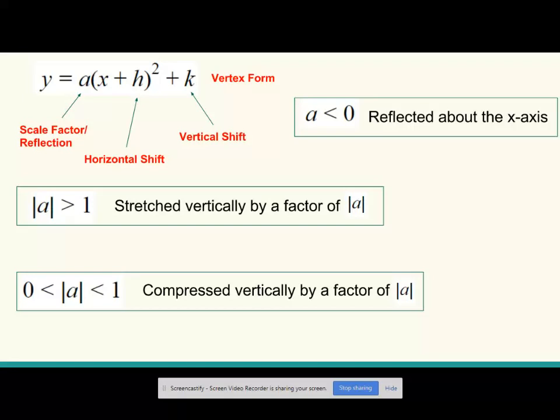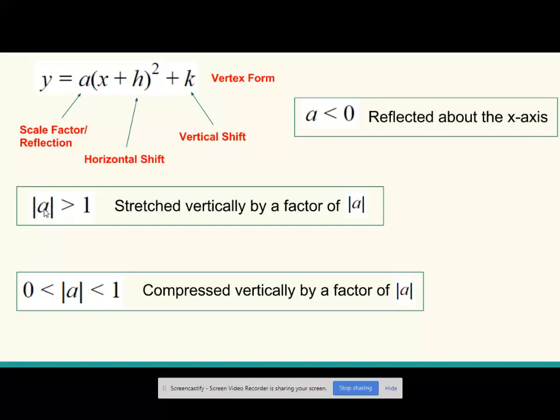You can't see my hands, but I'm using my hands to flatten it out. It's making a really flat U. If A is a negative number, even if it's just a negative 1, it's going to reflect it and make it look like an N. So a negative number out front is going to make it look like an N shape. It's going to flip it around across the x-axis.